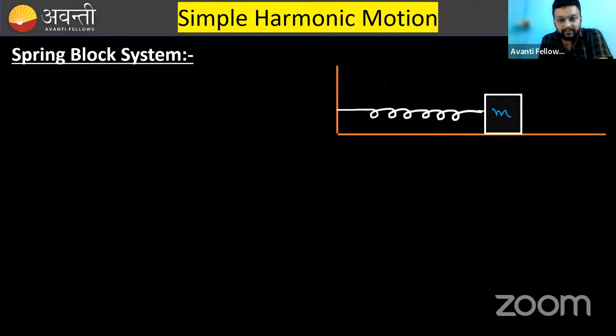The spring has some spring constant k. Clear? Now, the spring is in relaxed position. It is neither elongated nor compressed. This is the natural length of the spring.